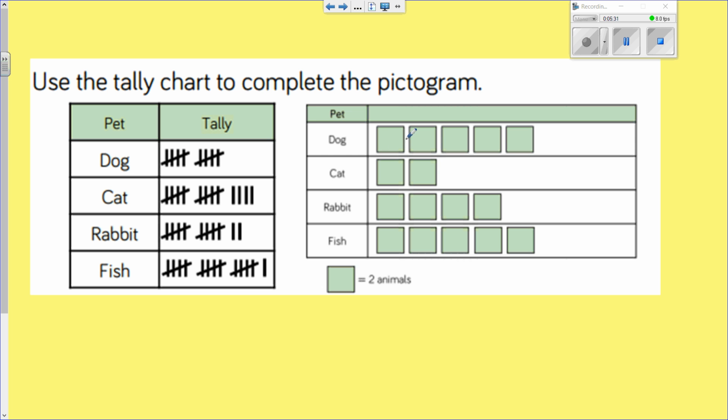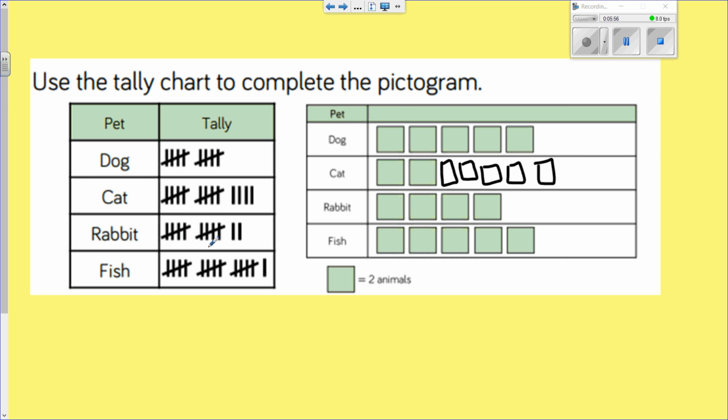So 2, 4, 6, 8, 10. Okay, and the same with the cat. We've got to complete this now. The cat, there are 14. We've got 2, 4, and then you can carry on and add them in. 2, 4, 6, 8, 10, 12, 14. You have to really excuse my drawing with the mouse.